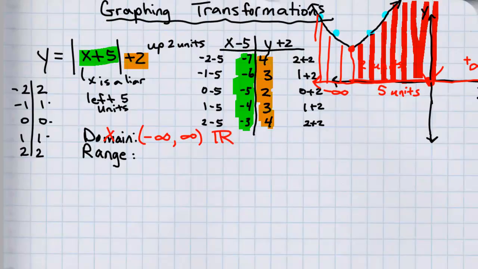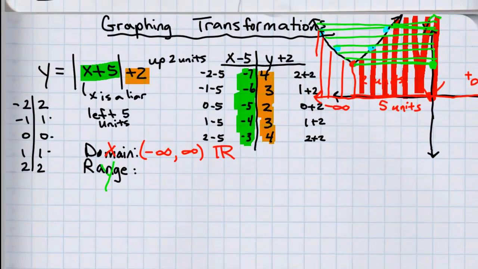Let's look at the range. The range are our y values. So let's take the range from a graph, from the lowest point on a graph to the highest point, and let's draw those points to the y-axis. And in this case, we're going to keep going up because there's an arrow here.